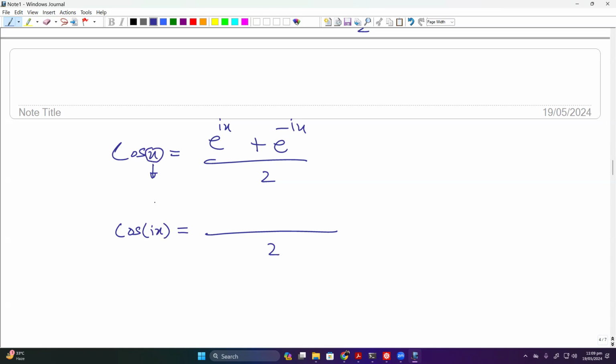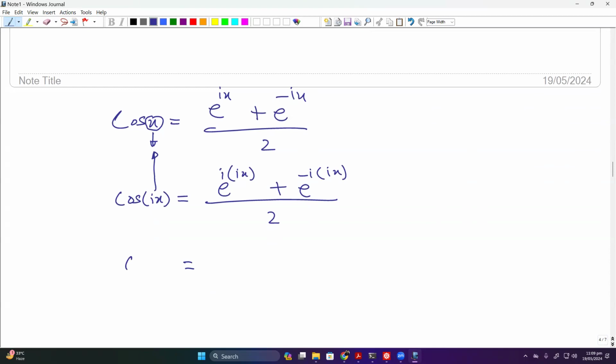Let's see what happens. This iota is here, and now I'm replacing the other one by ix. Minus i is there, and I'm replacing the other one by ix. So this is cos ix.